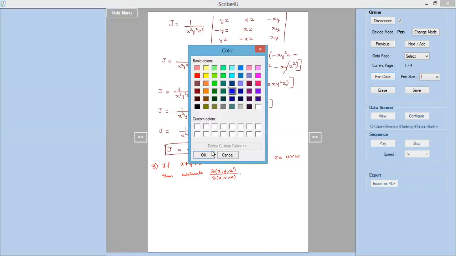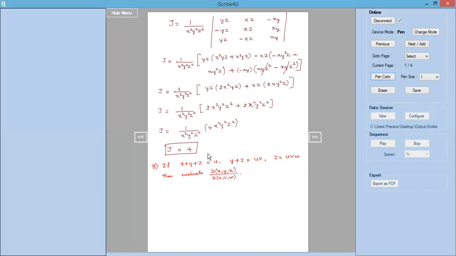So let us take up the solution. First, let us consider the given expressions for u, uv, and uvw and try to simplify and obtain x, y, z representations with respect to uvw. So it is given that x plus y plus z is equal to u. But from the second one, y plus z is equal to uv is given.